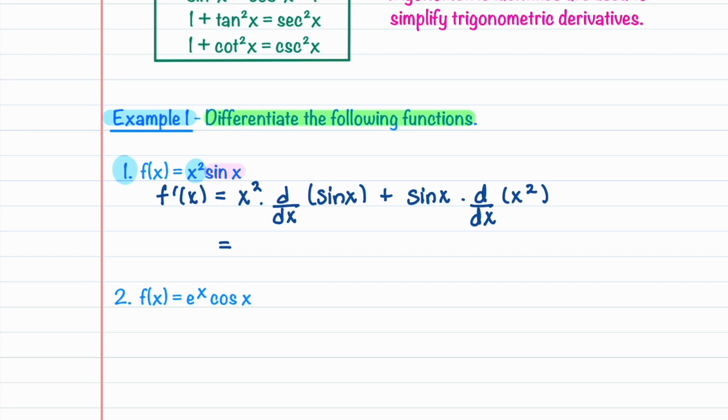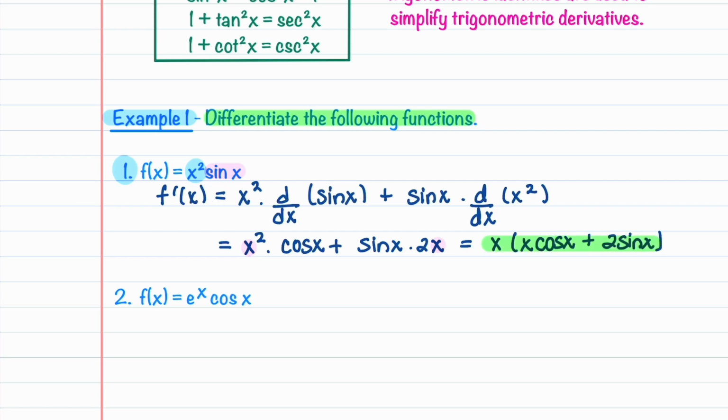Now we get that our derivative is x squared, the derivative of sine x is cosine x, and then we have sine x times the derivative of x squared, which is 2x. Notice that we can pull an x term out from both of these. So we can write this as x times x cosine x plus 2 sine x. And that's our derivative.